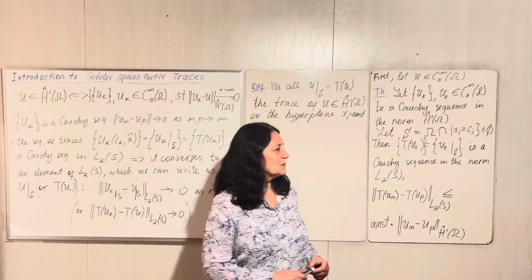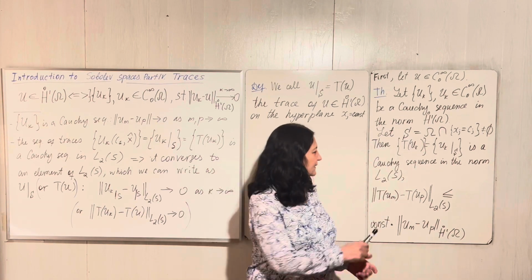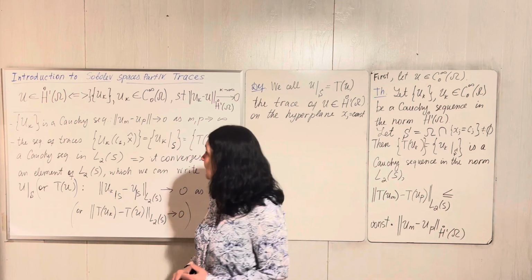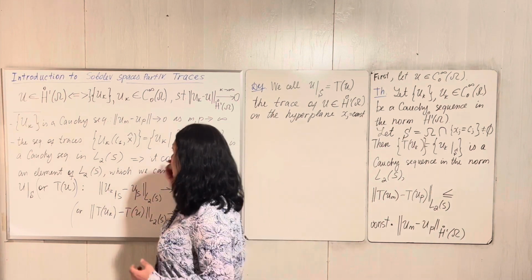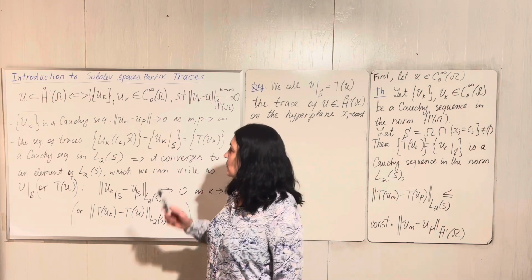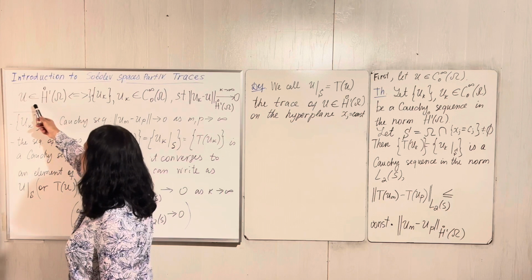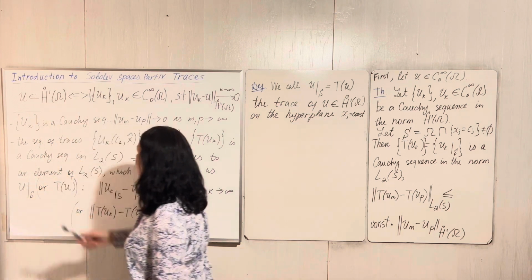Let's talk a little bit more about this theorem. So what we can gain from it. So the theorem was talking about a function from C0 infinity. So now, what was the definition of a function from H1 0? Right?